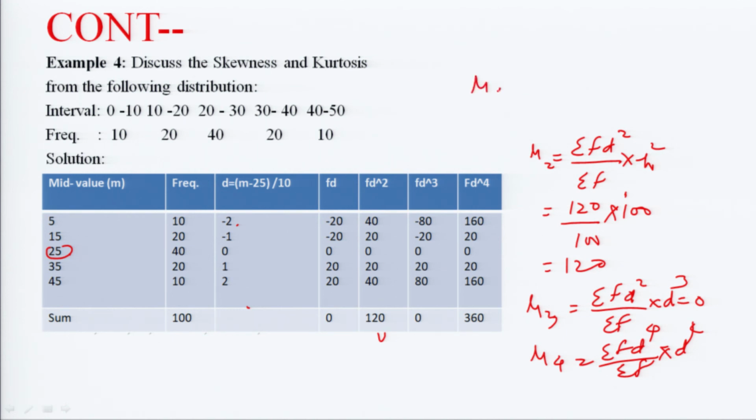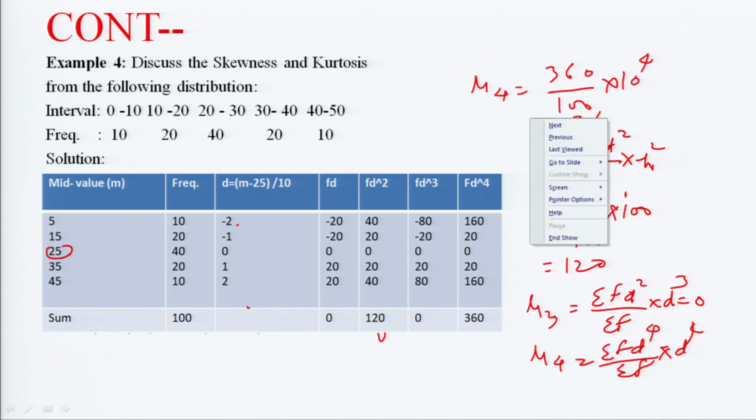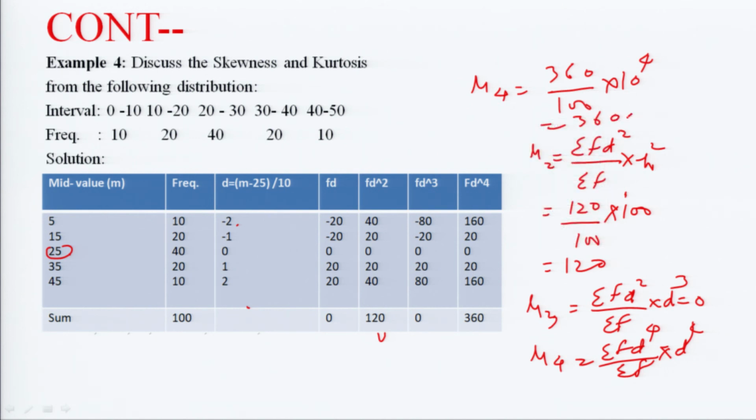Mu 4 is equal to 360 divided by 100 into 10 raised power 4, which is 3600 and 0 this. So we obtain mu 2, mu 3 and mu 4.